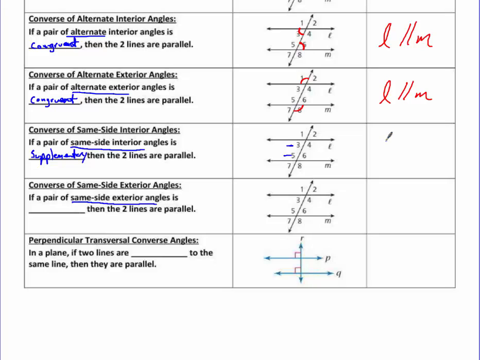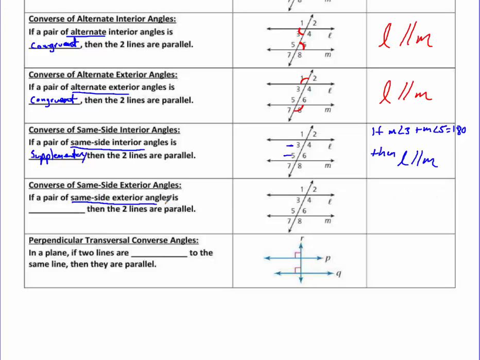So our conclusion would be, if we knew that the measure of angle 3 plus the measure of angle 5 equaled 180, then L is parallel to M.